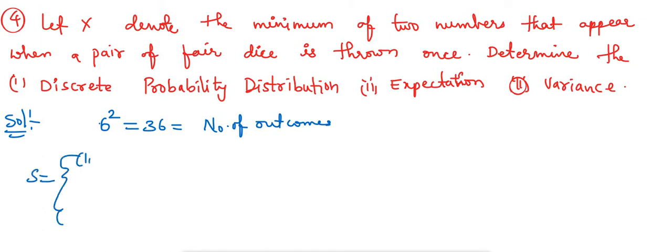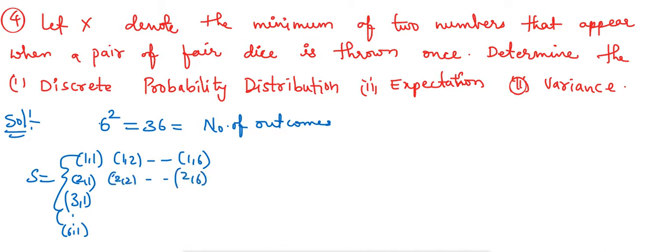Those are (1,1), (1,2), and so on up to (1,6), then (2,1), (2,2), and so on, (3,2), up to (3,6), and on to (6,2), and so on up to (6,6). This is the sample space.